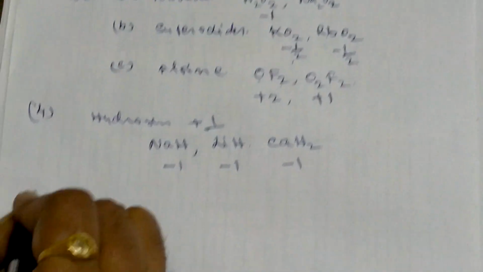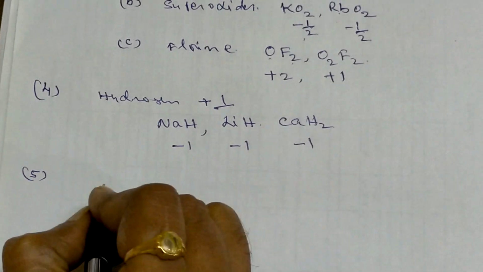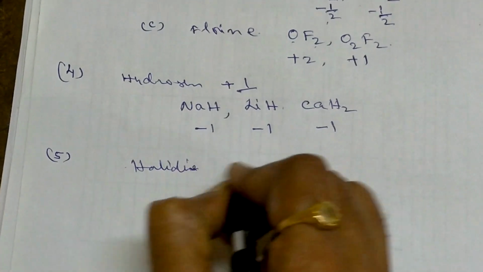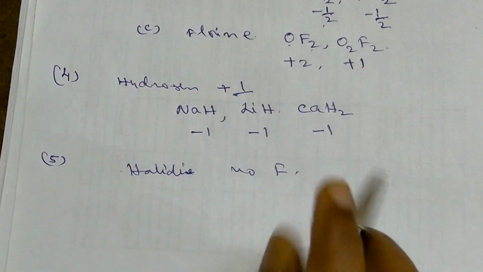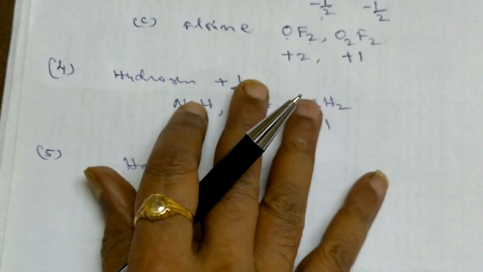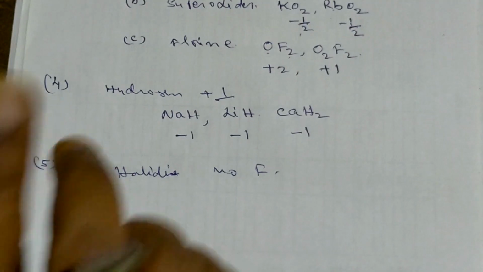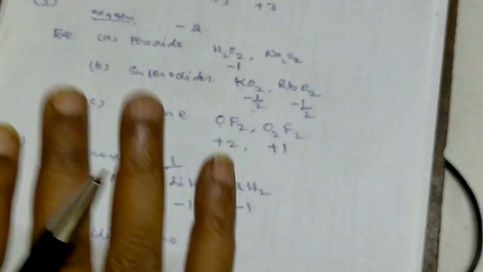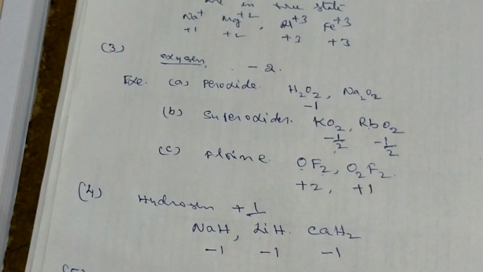Then rule number 5, halides. There is no change for fluorine. The thumb rule is that the electronegative atom has the negative oxidation number.